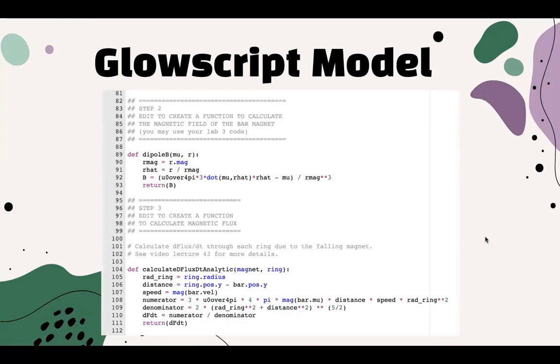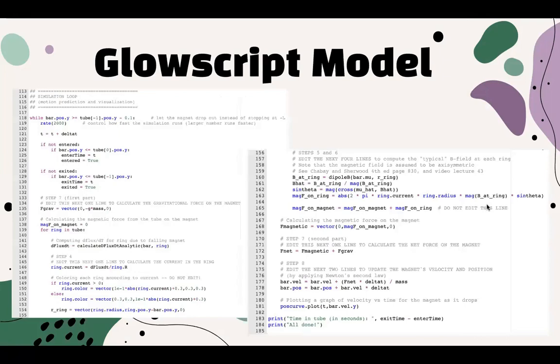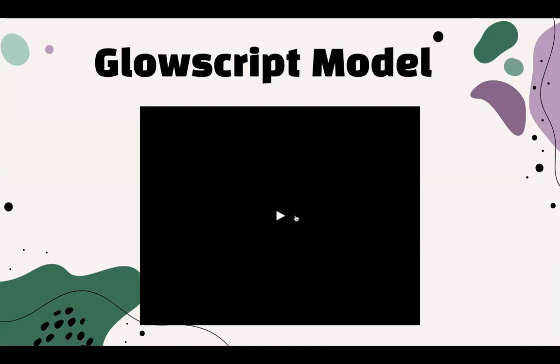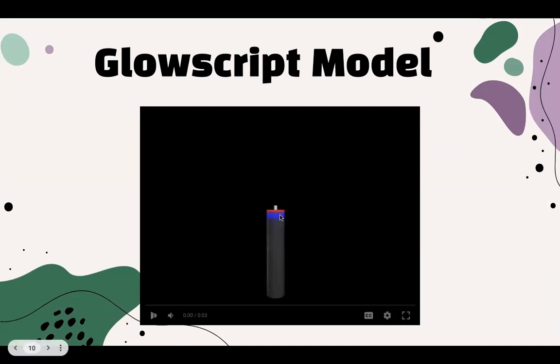Then I had to define 2 functions, one of which determined the magnetic field, and one of which calculated the change in flux. The last part of my code included actually moving the bar magnet through the tube. And here's a video of the model.